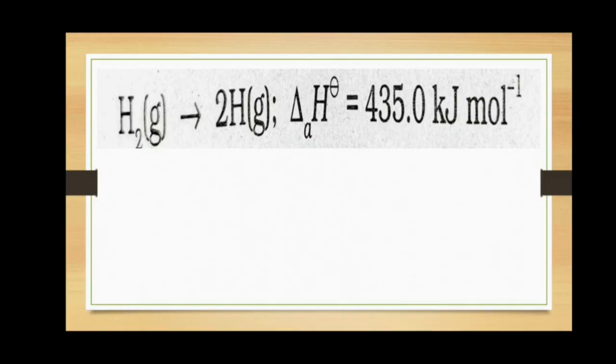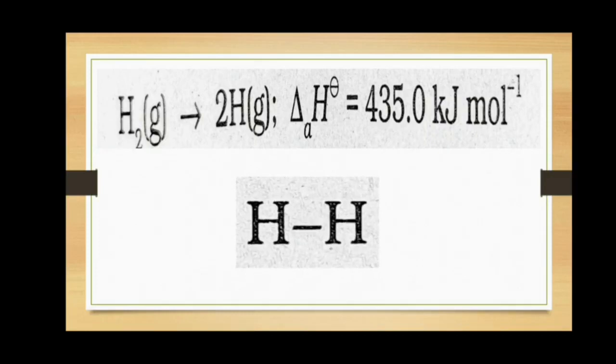When the hydrogen-hydrogen bond in dihydrogen breaks, you get 2 hydrogen atoms. Molecules, when they break down, give atoms. So the enthalpy change in this process is known as the enthalpy of atomization.